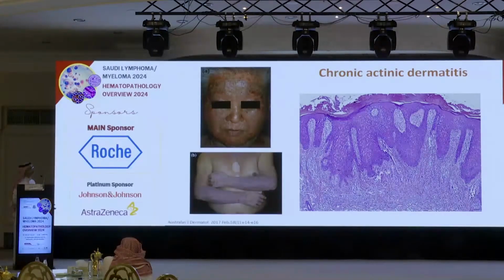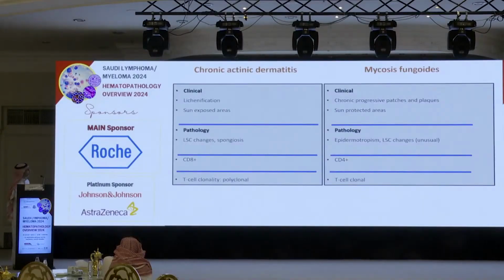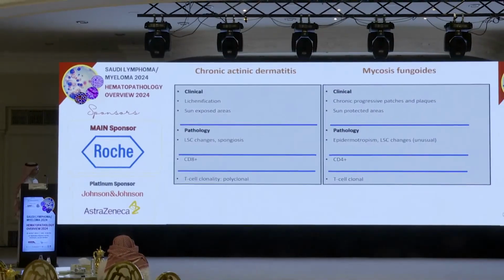If we keep this in mind, that will help us in navigating through the differential diagnosis of atypical lymphoid infiltrate in the skin. So as mentioned, chronic actinic dermatitis: sun-exposed area; mycosis fungoides: sun-protected areas. This entity is usually CD8 positive. Mycosis fungoides is commonly CD4 positive, but it can be CD8 also.